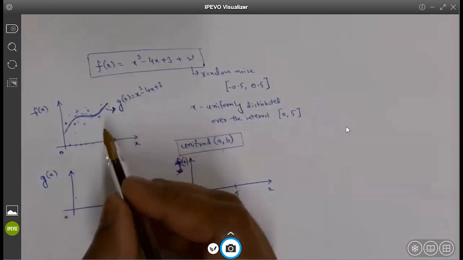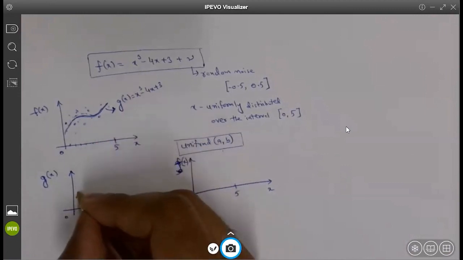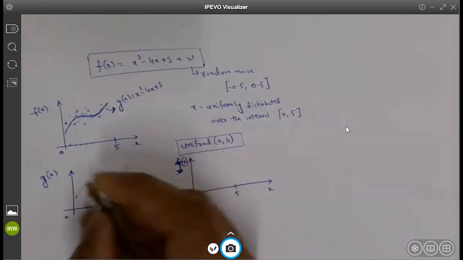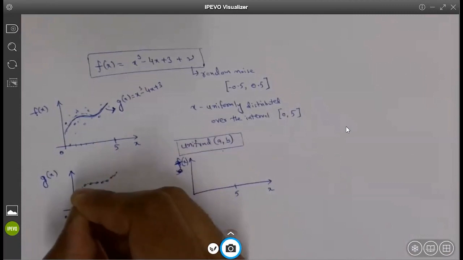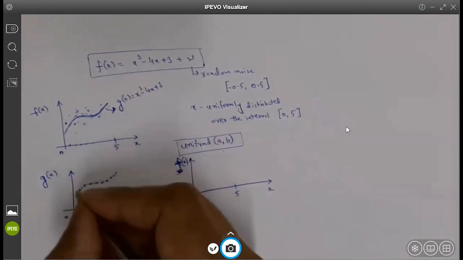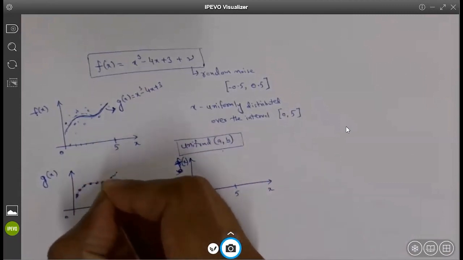If you are using it without noise, you will basically get data points like this. When there is no noise, all the data points will lie on this curve.